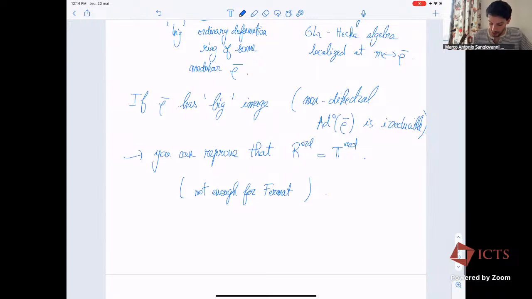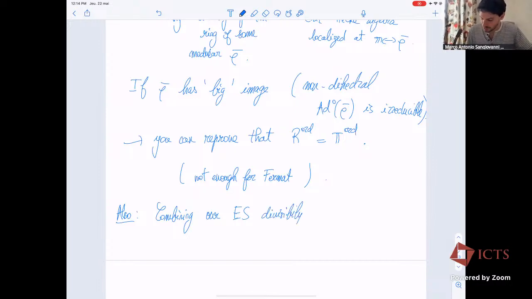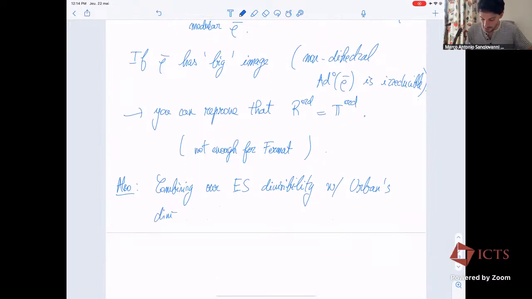And so also, combining our Euler system divisibility with Urban's divisibility, using Eisenstein congruences.